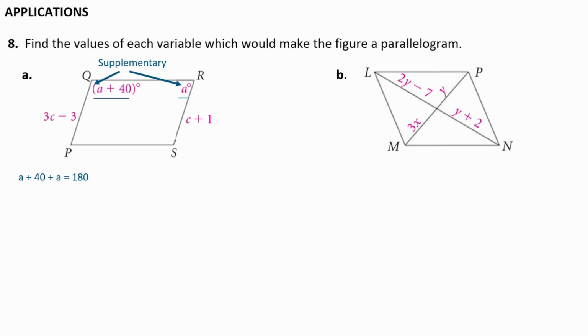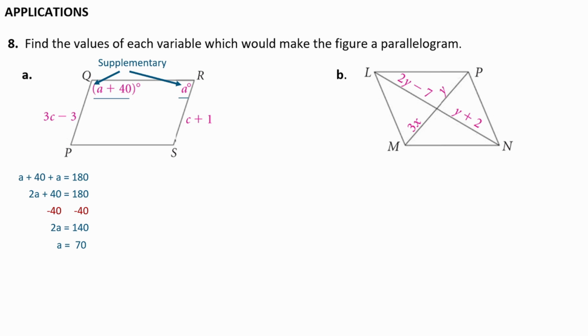From here, I can combine like terms, and A makes 2A plus 40 is equal to 180. From here, if I subtract 40 from both sides to isolate my variable on the left, then I'm going to have that 2A is equal to 140. And finally, if I divide both sides by 2, I would get a value of A is equal to 70. When A is 70, it makes these two angles supplementary.